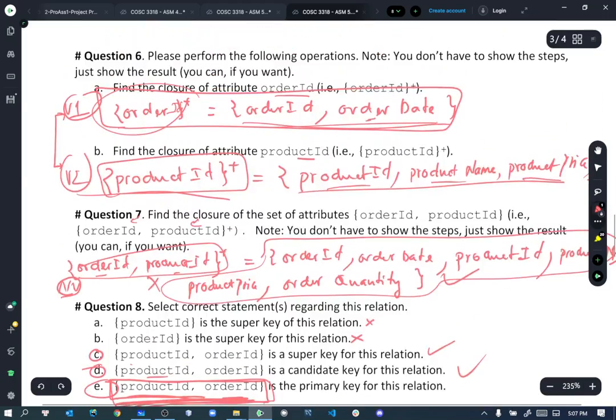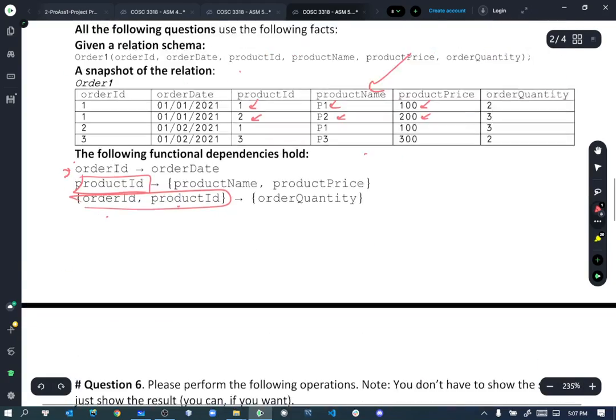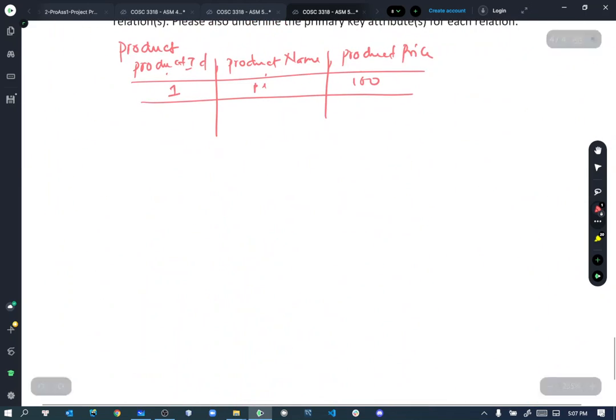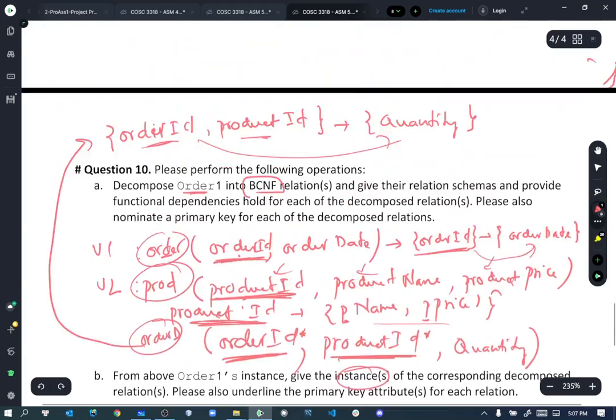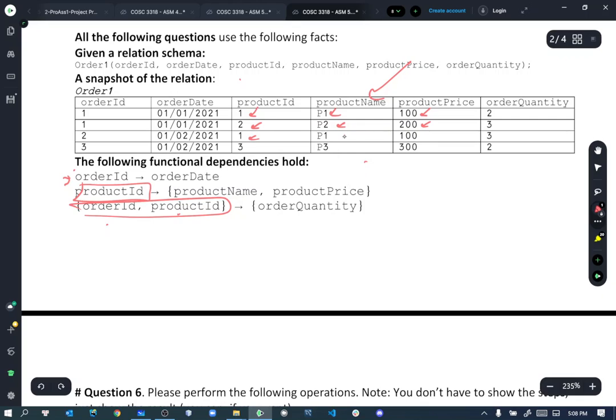Okay. Then from here we have product number 2, P2, 200. Next, we have product number 1, P1, 100 again, but this one is duplicated, so we don't have to store it.